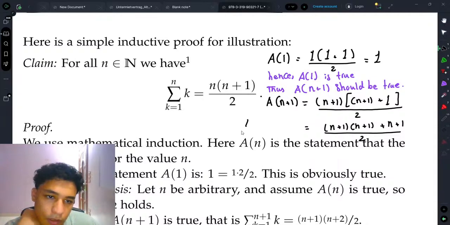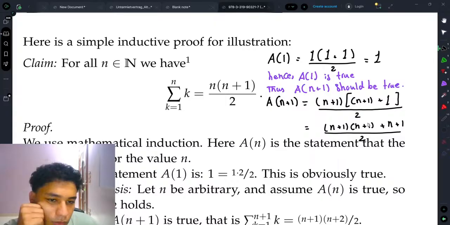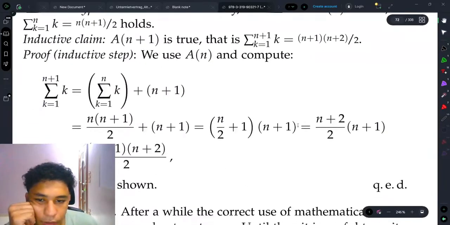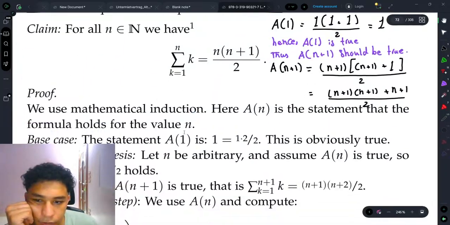And then actually I can take the n as a common factor. No, I cannot. I cannot take the n as a common factor.